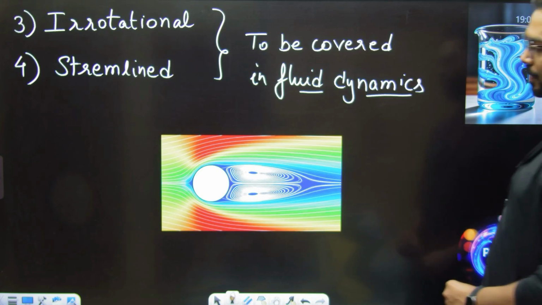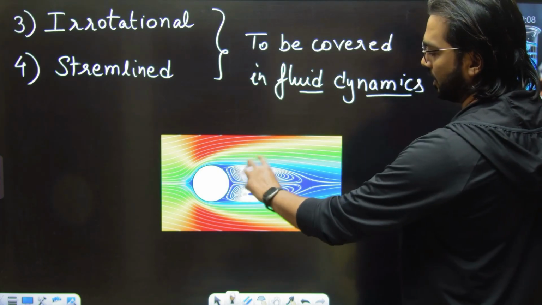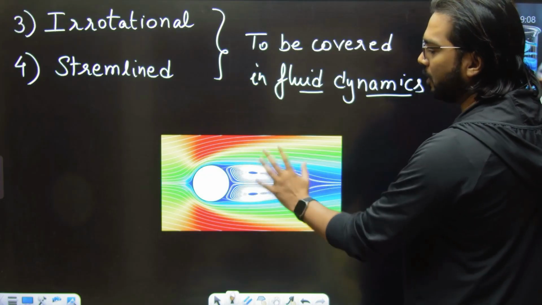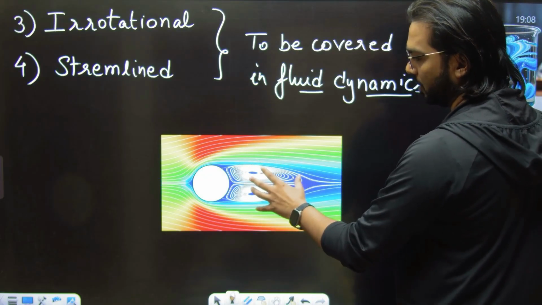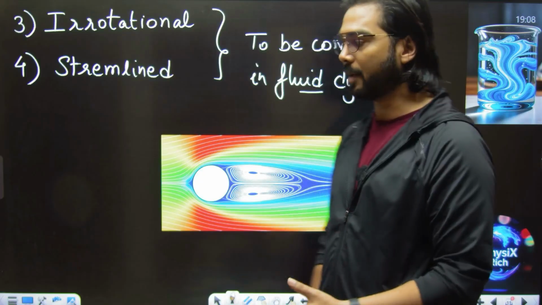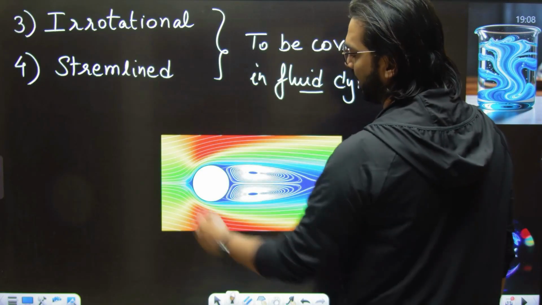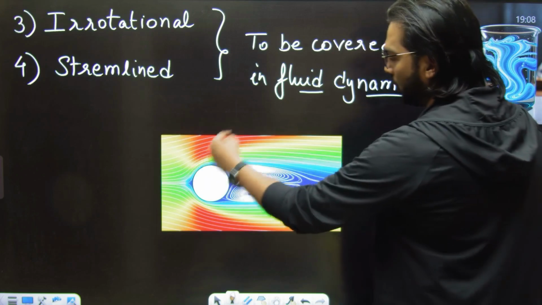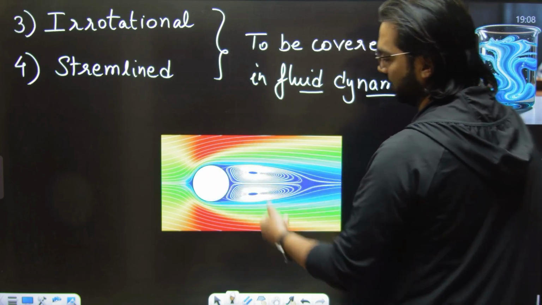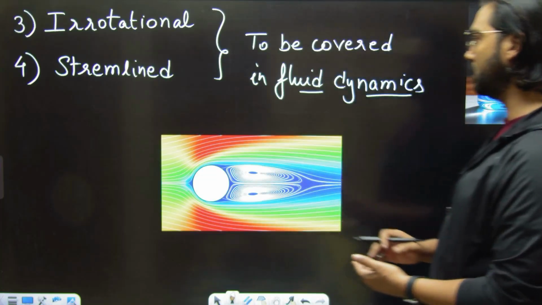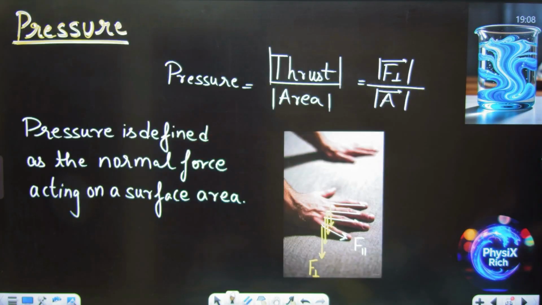You can see that there are certain vortexes forming. This fluid is trying to rotate. We don't want the fluid to rotate. That's what happens when we study fluid dynamics. And we also want the fluid to be streamlined, as in we want it to flow along these neat lines. Again, like I said, we will discuss a lot more about these when we study fluid dynamics.